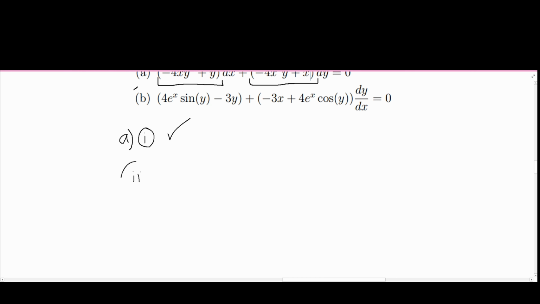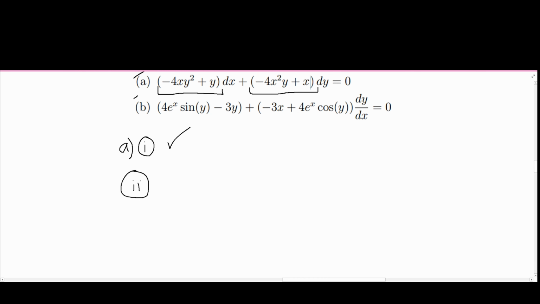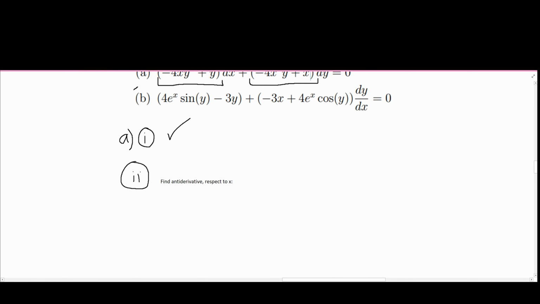Now, the second step is to find the antiderivative with respect to either x or y. For simplicity here, we're just going to choose x. So we need to find the antiderivative with respect to x.